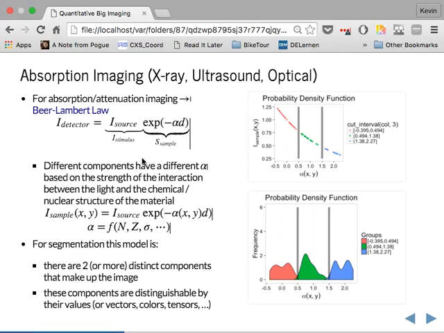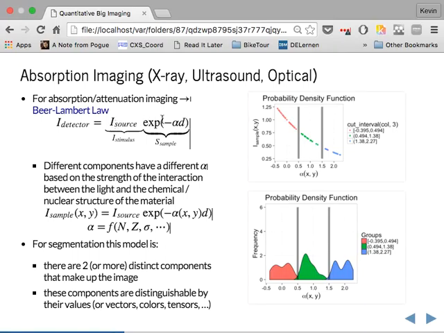So when we look at absorption imaging in more detail, for all of you who've taken another imaging course before, we have this idea of the Beer-Lambert Law, where you have some absorption coefficient. This applies to X-ray, ultrasound, and optics. It sometimes has different names in different fields, but more or less it's the same idea, and the same equation drives it. You have the intensity at your detector, the intensity at your source or your stimulus, and then this term that describes your sample.